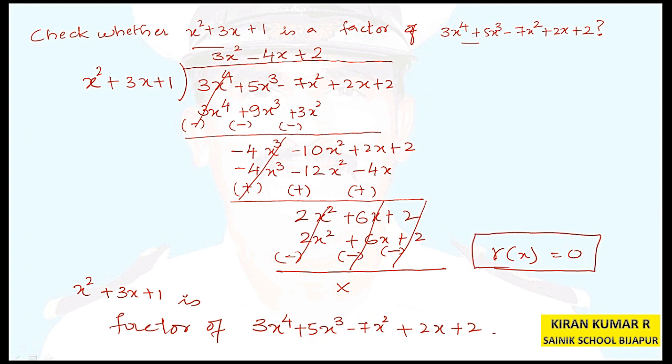So whenever this type of question is there, divide it using the long division method. If the remainder becomes 0, then the given polynomial is a factor of another polynomial. Very simple.